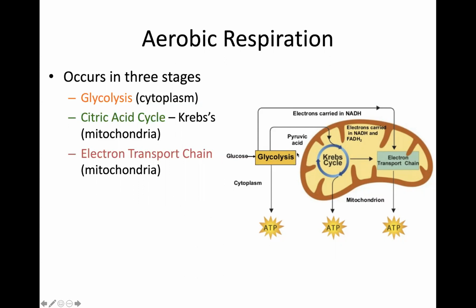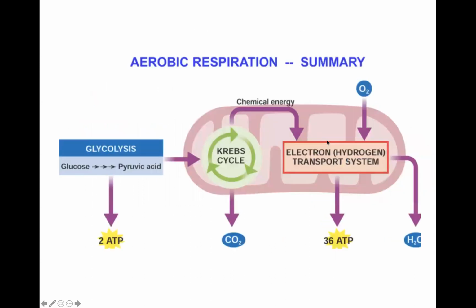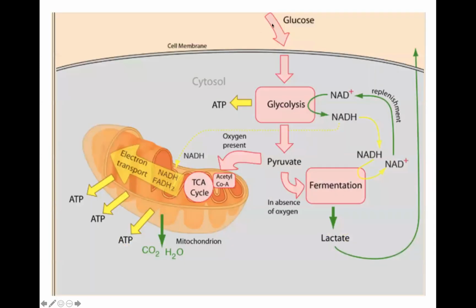However, the final 2 stages of cellular respiration take place in the mitochondria, and this is an oxygen-dependent reaction. As long as oxygen is present, after we consume some food, those glucose molecules will be transported into the cell, and the process starts with glycolysis.